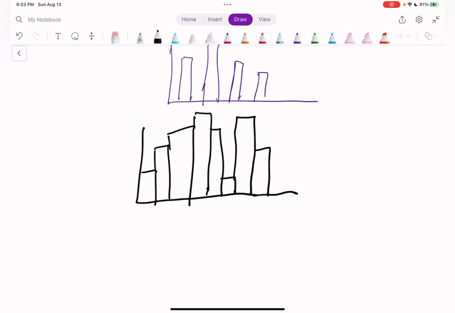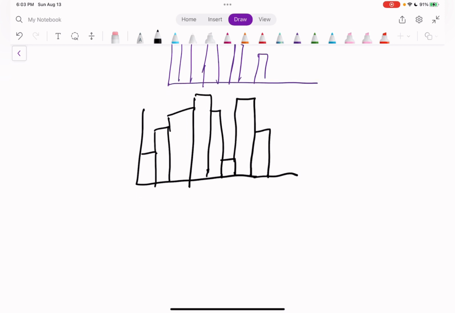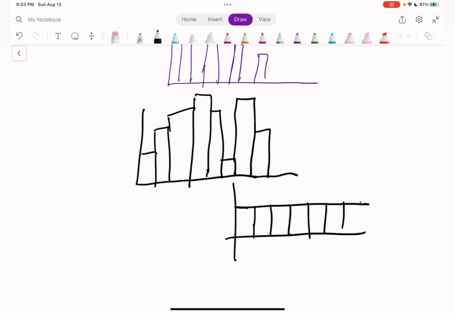So let me explain the shapes of the histogram. It can be uniform. Uniform is the way it's given, meaning same height, same frequency, no difference, okay?